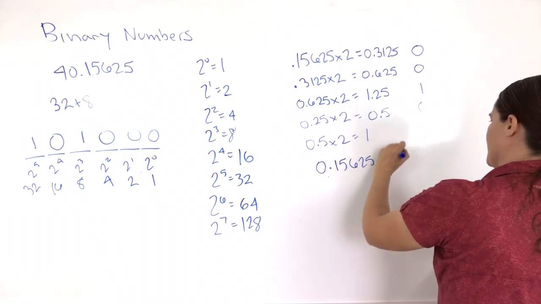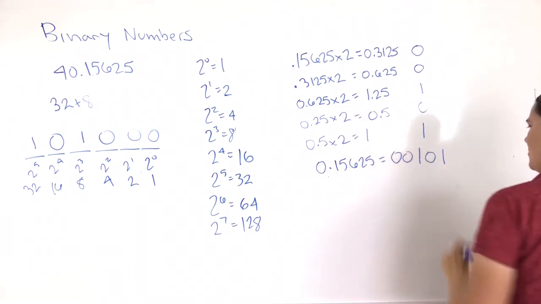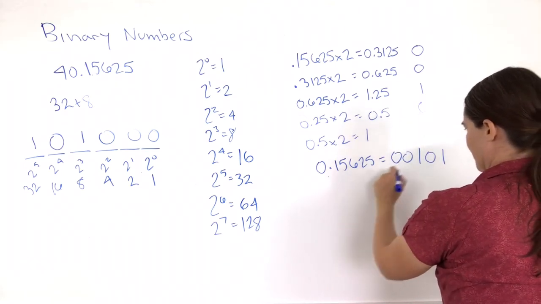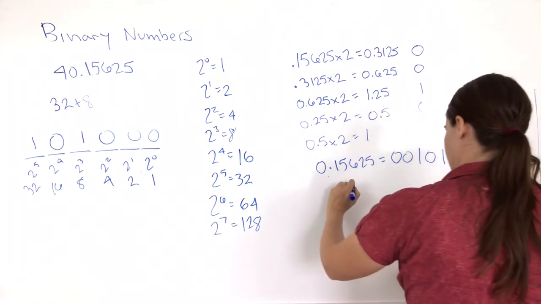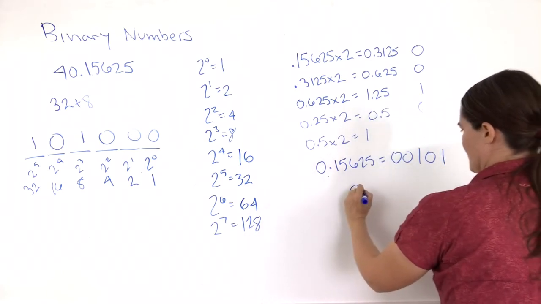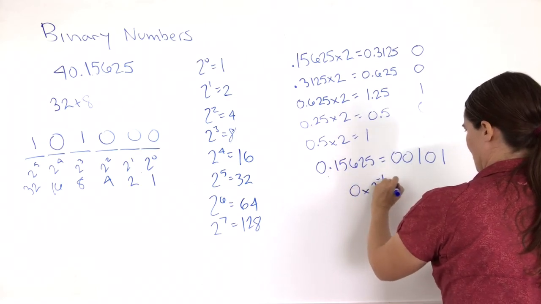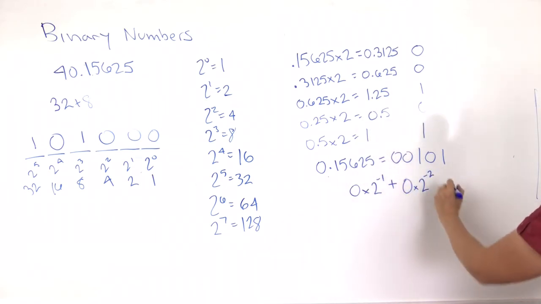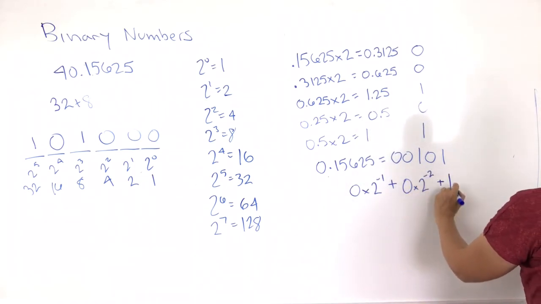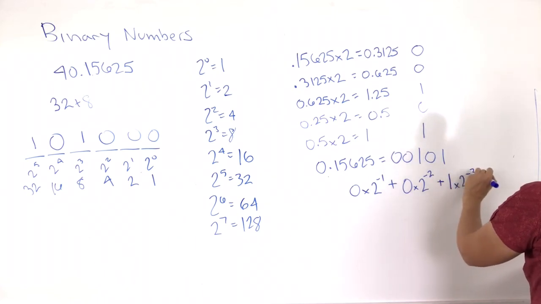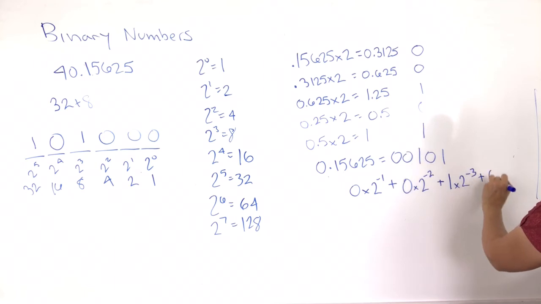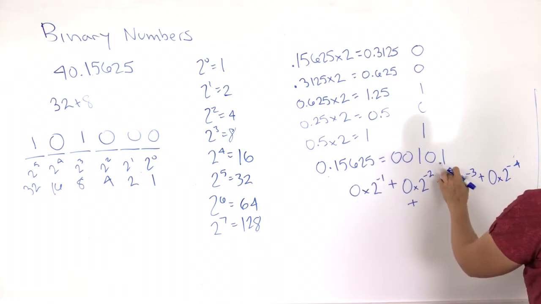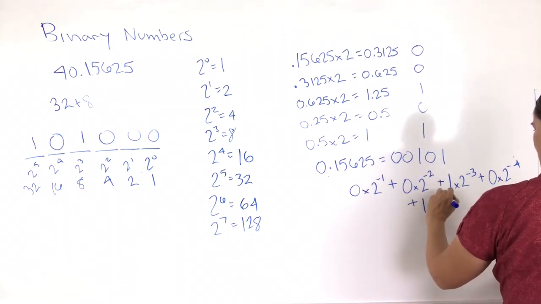So 0.15625 is equal to 00101 in binary. And you can verify this by taking 0 times 2 to the minus 1 plus 0 times 2 to the negative 2 plus, and then we have a 1 here, so this is 1 times 2 to the negative 3 plus, and then we have a 0 here, so this is 0 times 2 to the negative 4 plus, and then we have a 1 here, so this is 1 times 2 to the negative 5th.